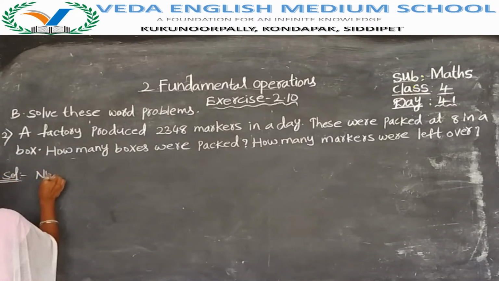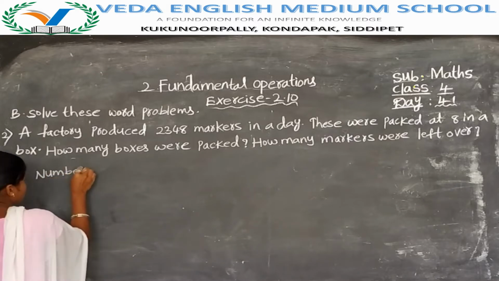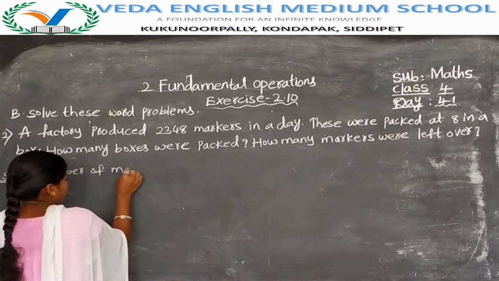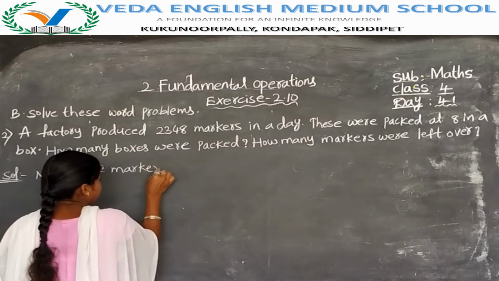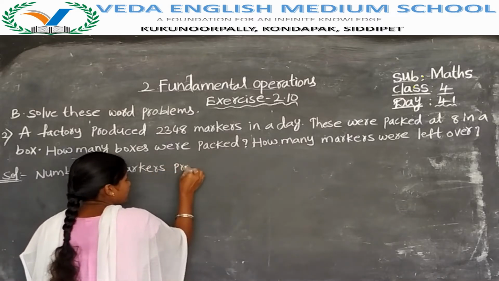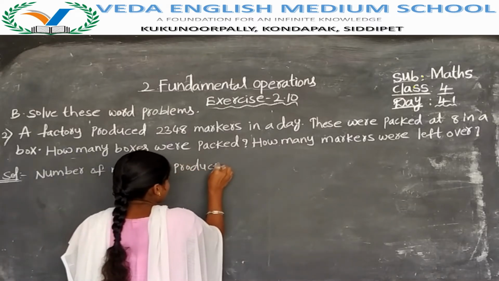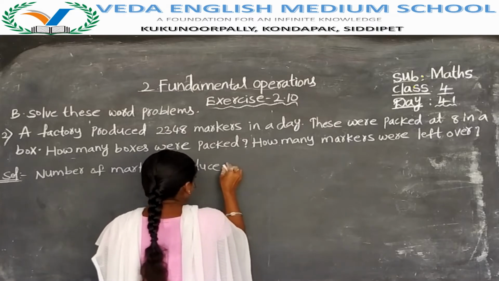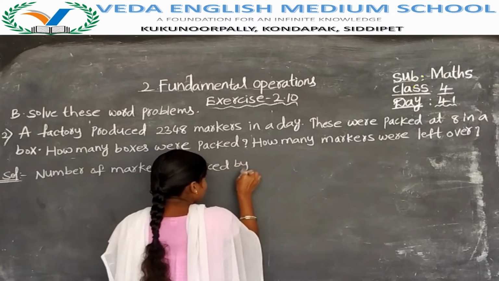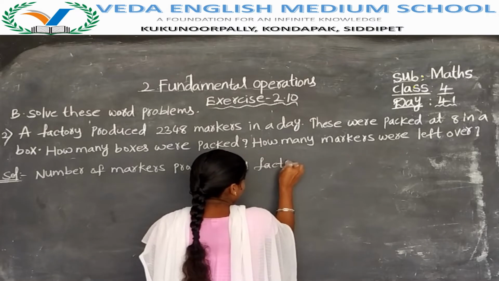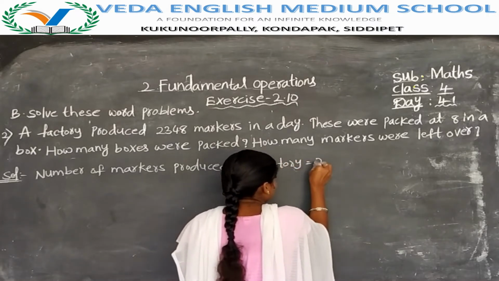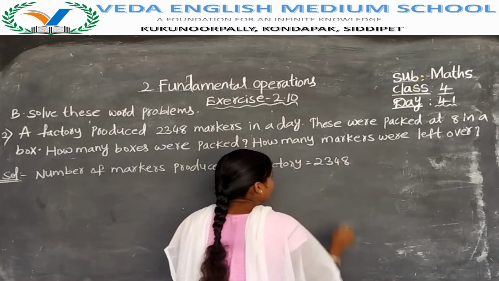Solution. Number of markers produced by the factory is equal to 2348.